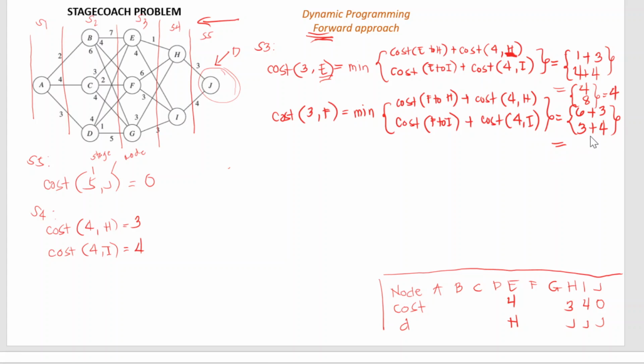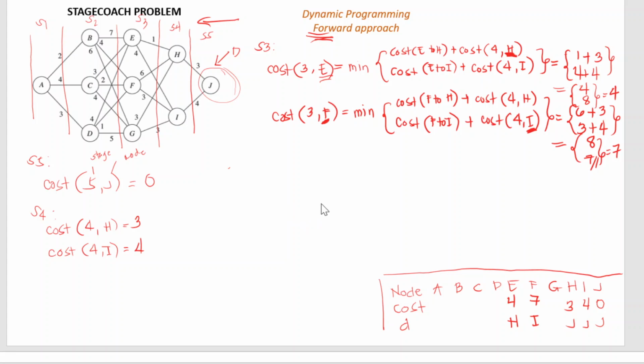So that would be 6 plus 3, 9. The other one is 7. Minimum is 7. So therefore, I, the origin, will be the value for your F. So let's input it: F comes from I. The value is 7.